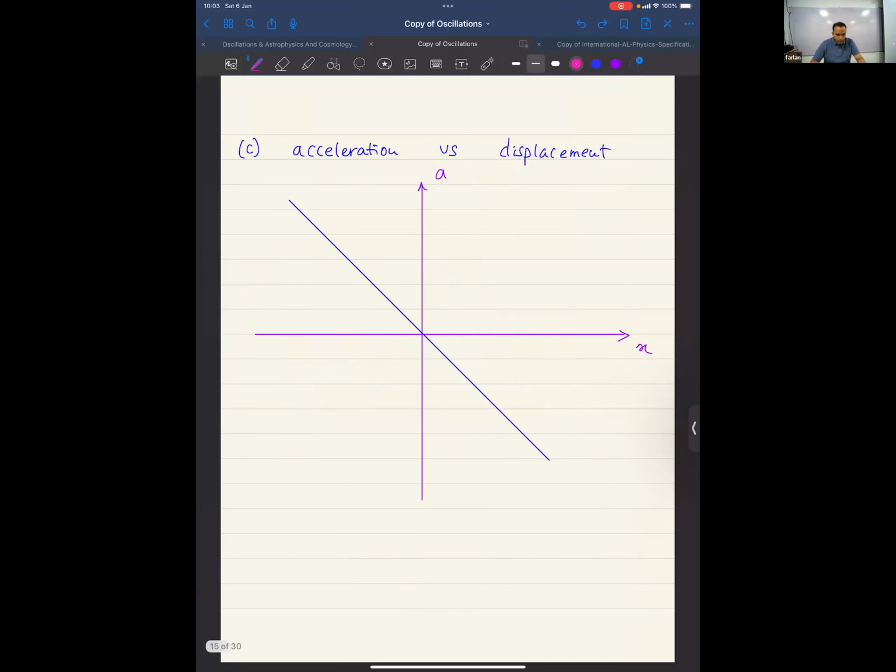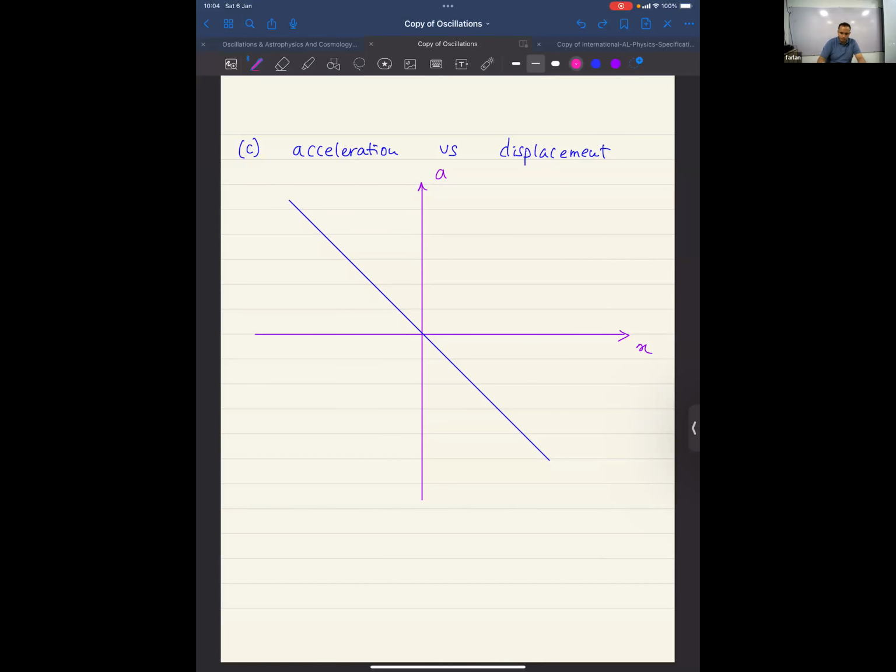Okay, right, acceleration versus displacement, part C. That will be a straight line graph because acceleration is directly proportional to x with a constant gradient. But it will be a negative gradient because we know acceleration and displacement are in opposite directions. So when the displacement is positive, acceleration will be negative. When the displacement is negative, the acceleration will be positive. Okay, because of the minus sign.